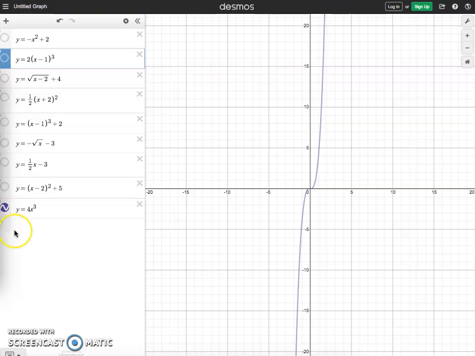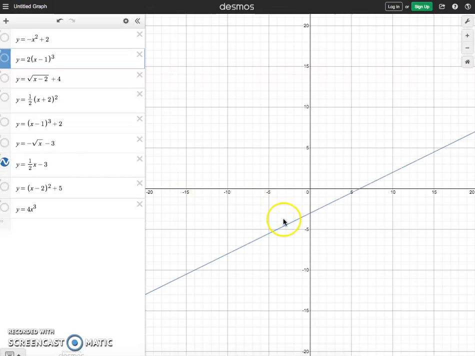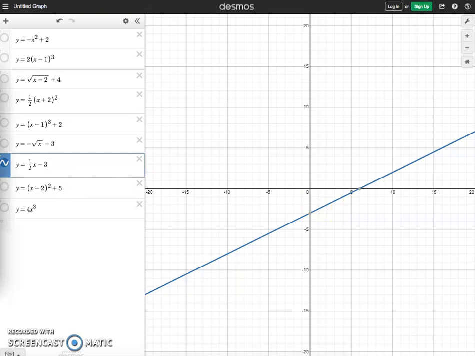Okay. Cubic functions weren't the only functions that had all real numbers for domain and range. We also discussed that linear functions would have a domain and range of all real numbers. So this is number, let's see, 39. So number 39 on your review.